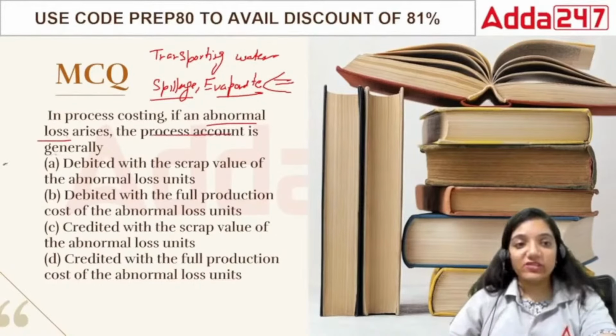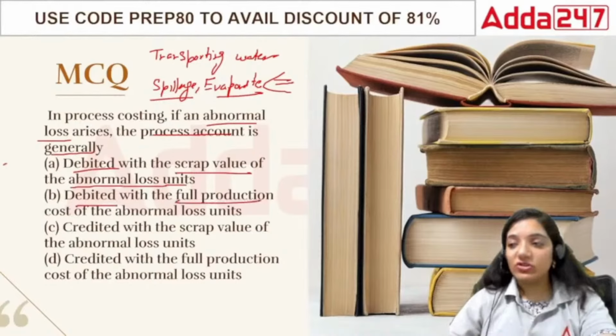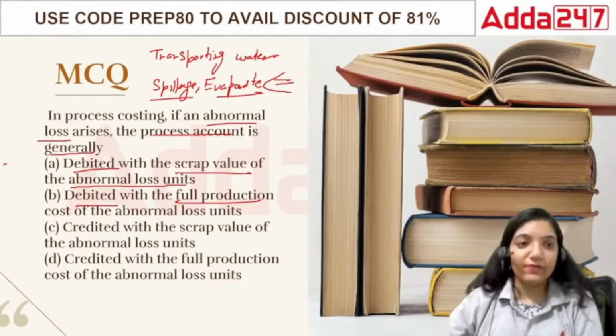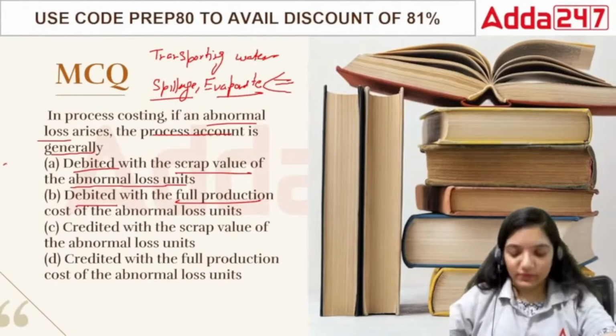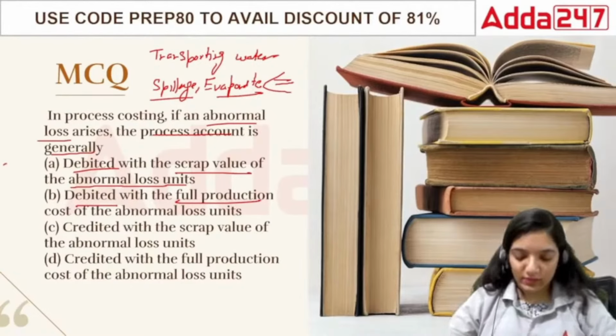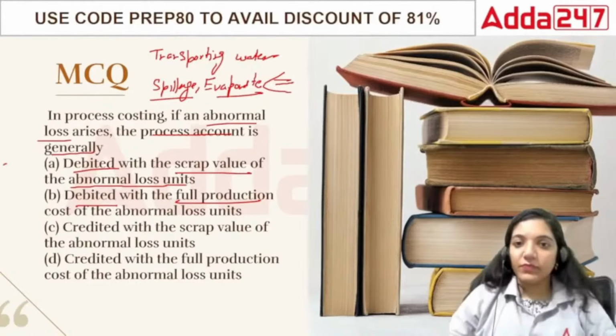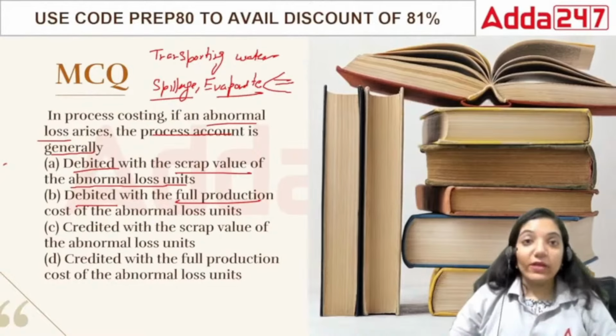The process account is generally debited with the full production costs or credited with the scrap value loss. In terms of petrol, in terms of even coal, this happens.